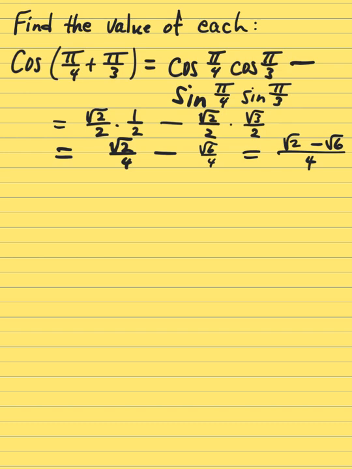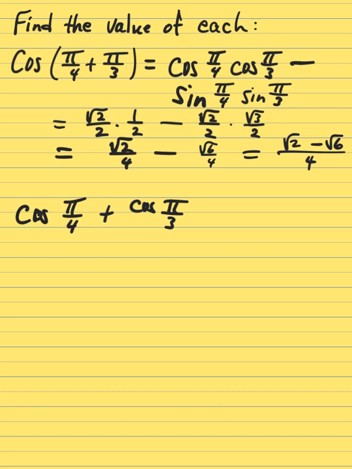Part B, you're asked to just find cosine of pi over 4 plus cosine of pi over 3. Now what this is an exercise in showing that the sum and difference formulas are not distributable. I'm not sure that's even a word, but you can't use the distributive property.